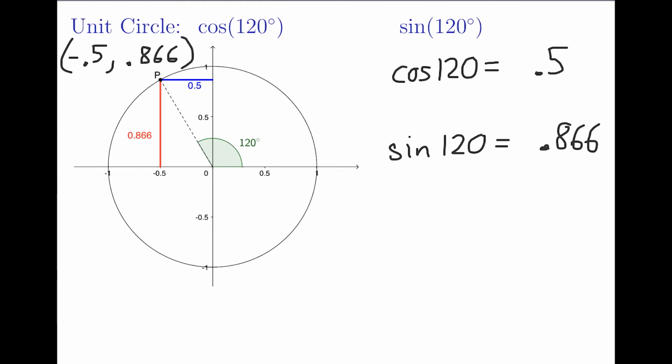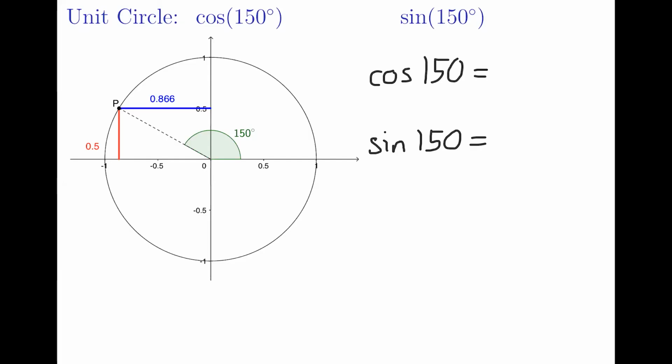And if we wanted to think of this in terms of distances, we could say, sure, you still go up a distance of 0.866 to get to the point on the circle, but you also go left a distance of 0.5. And when you move to the left on an axis, we tend to think of that as a negative distance. And so the cosine of 120 degrees is not 0.5, it's actually negative 0.5. The sine is still positive 0.866. Upward distances we think of as positive, but downward distances are negative.